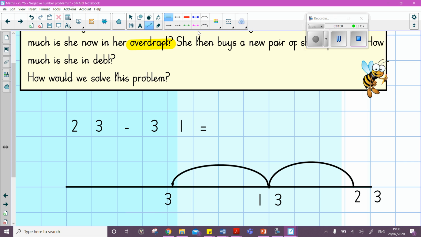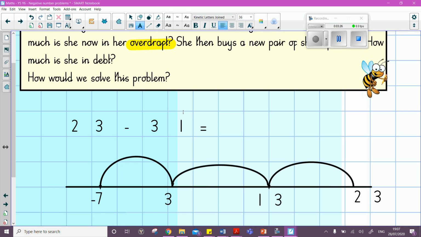I'm going to subtract another 10 because 31 has 3 tens in, and this is going to take me below 0, because if I count back 3 so far, 2, 1, 0, that is subtracting 3, but I need to subtract 10. So I've subtracted 3, 3 plus 7 makes 10. I would now subtract 7, that will take me to negative 7.